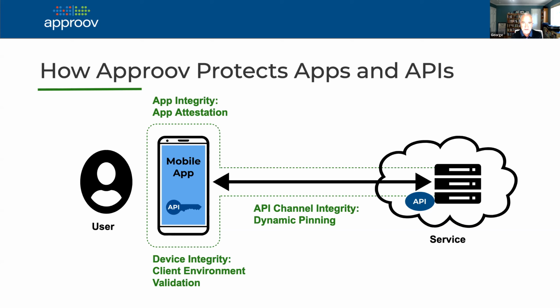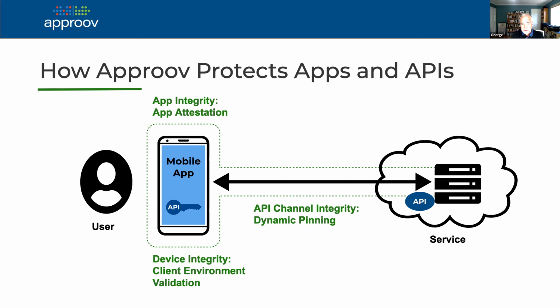So we'll make sure that it's a genuine, untampered, unmodified application that you have created and you have allowed to be distributed. The second thing we will do is we give a full, a highly granular view of what is going on in the client environment. And that's what we call this client environment validation. And that allows you to know if the device has been rooted and if there's anything attached to the app.